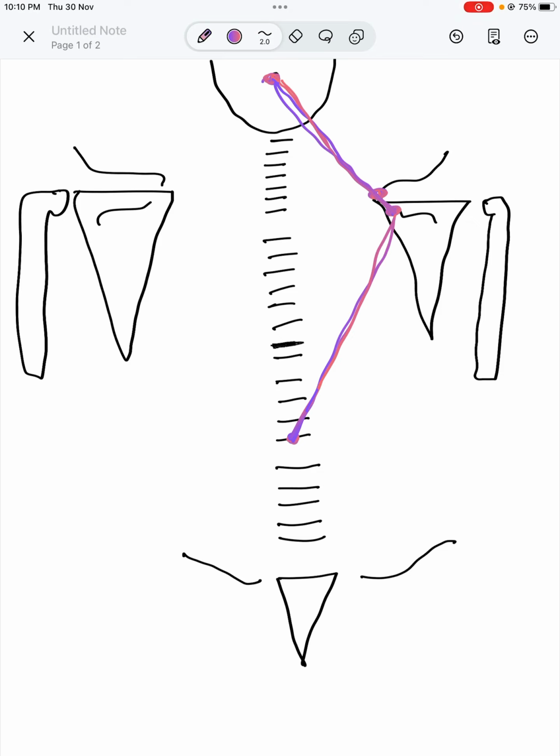So your latissimus dorsi starts from the spinous process of your T7 around over here, T7 or T8, according to different people. So it starts from the spinous process of T7 or T8 till the posterior part of the iliac crest, the outer lip of the iliac crest over here, okay?